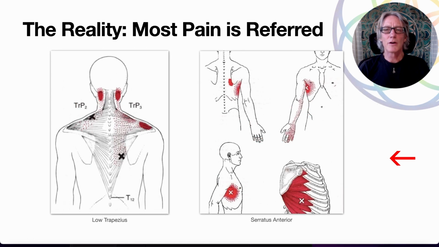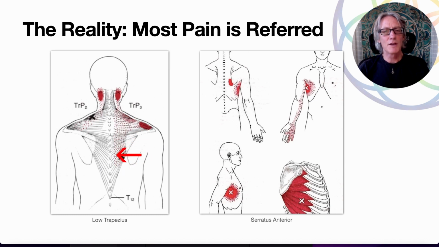So here are the pain referral patterns of a couple of the most important scapular stabilizer muscles. The one on the left here, this is your trapezius. So it's a very broad muscle with a lot of different fiber directions, going this way, and then going up this way. Upper trap, mid trap, low trap.